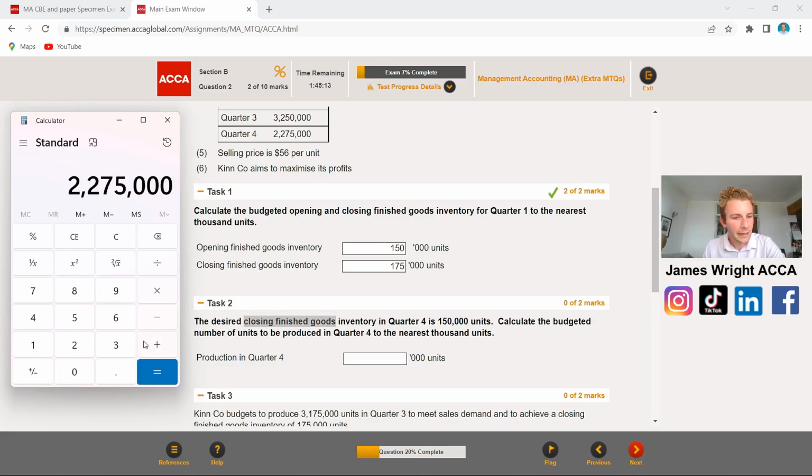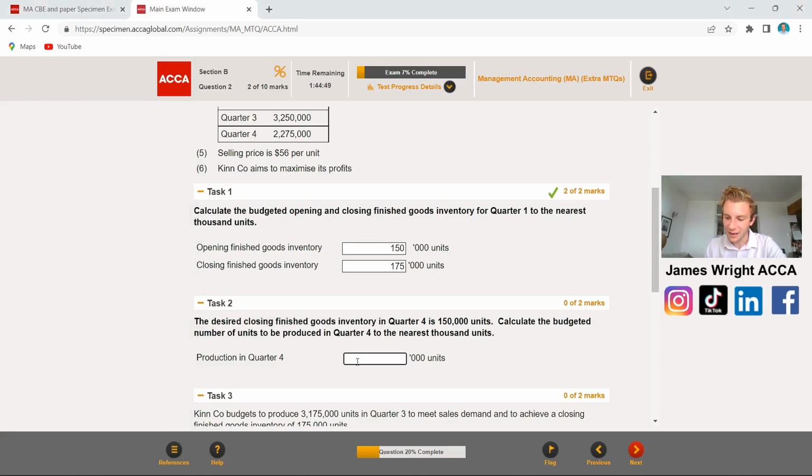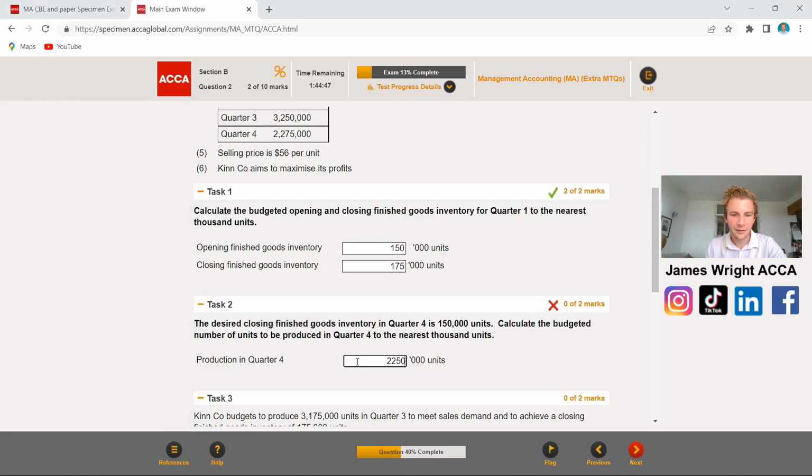So then we've got to plus the closing, which we were given, 150,000, and then minus what we just calculated, the 175, and that gives us our production for quarter 4. Now notice again how we've been given it in thousands of units. So my answer on there is going to be 2,250. Rock and roll. Look at that.